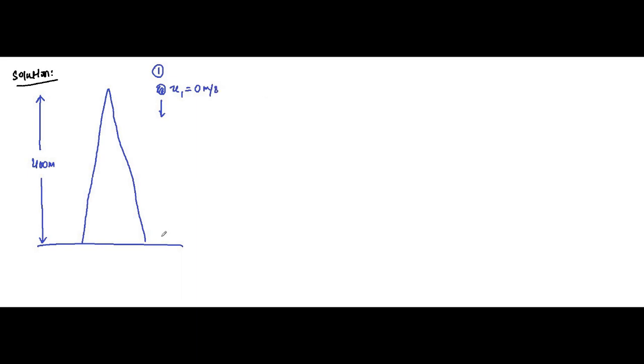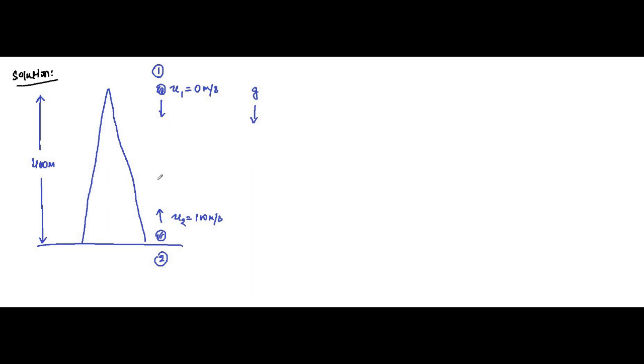Then at the same time another stone, let's call it stone number 2, is thrown upwards with a velocity of 100 meters per second. Acceleration due to gravity is acting downwards.